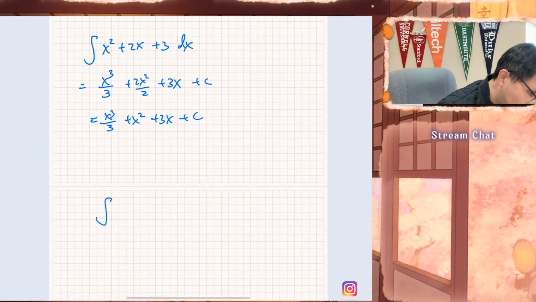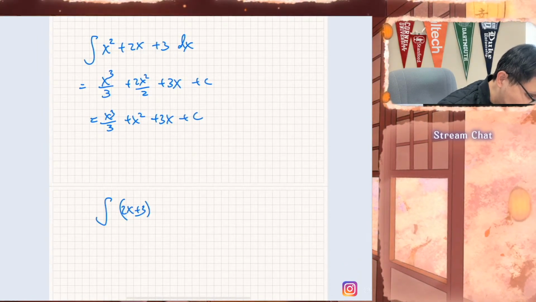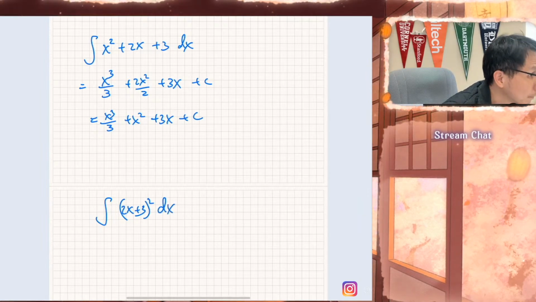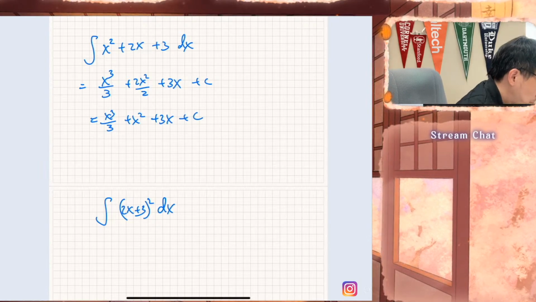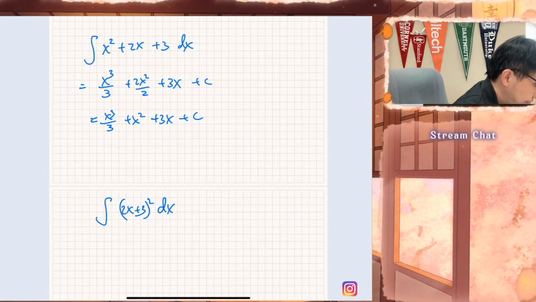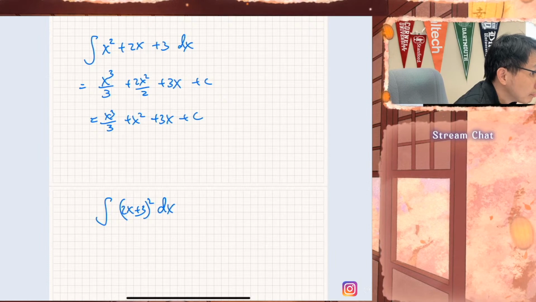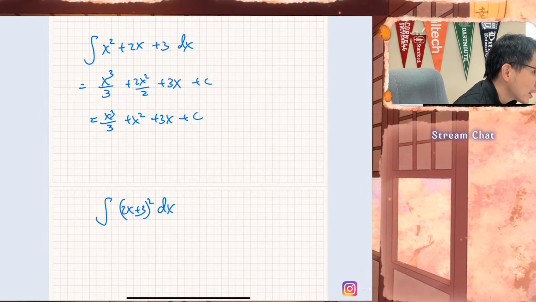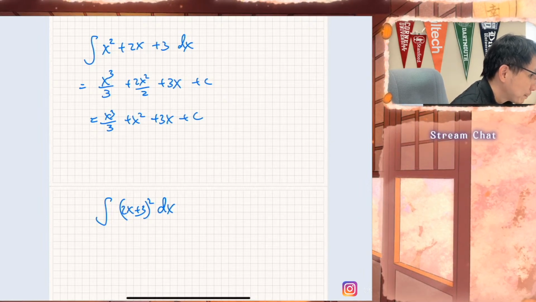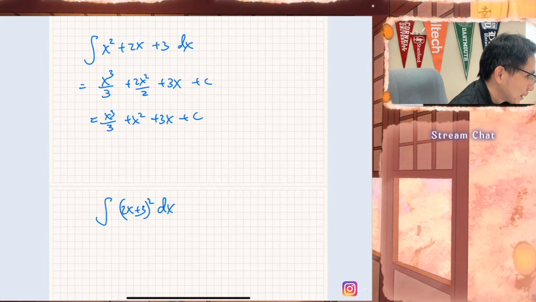Okay, so here's my thing. What's the integration of 2x plus 3 squared? Don't kill the puppy. I know you have every tendency to want to kill the puppy.